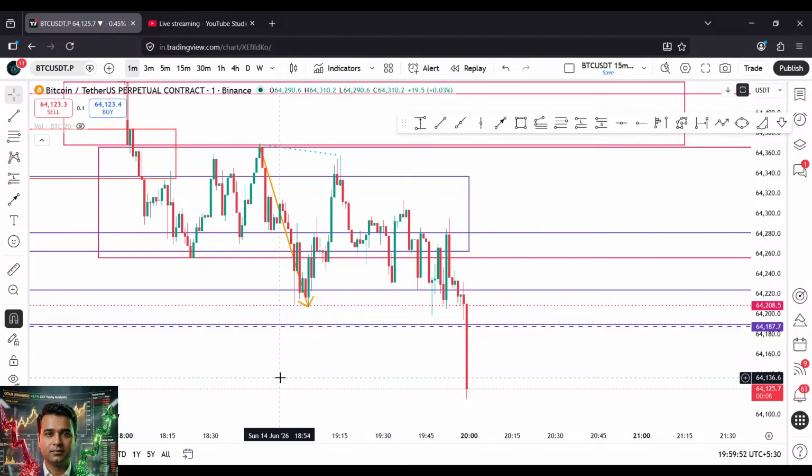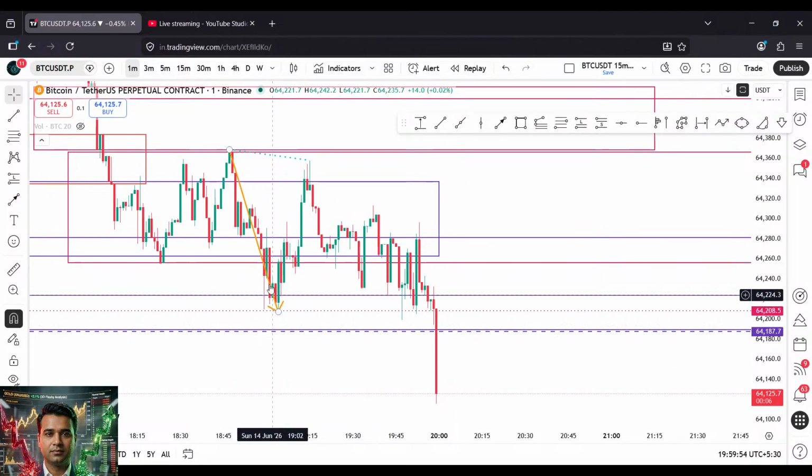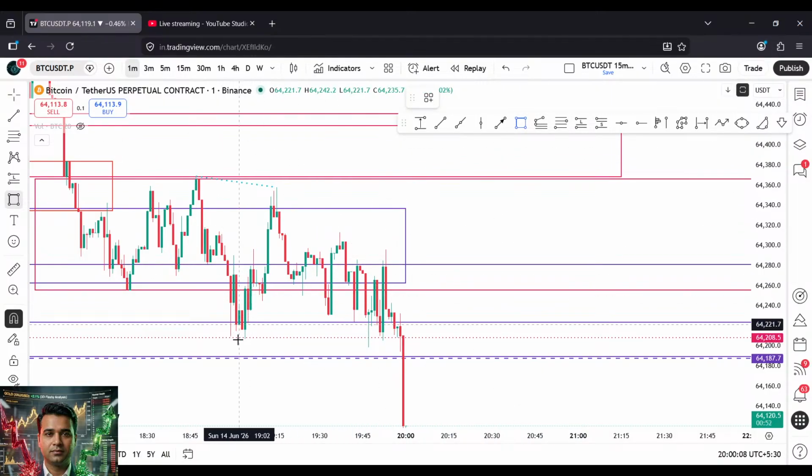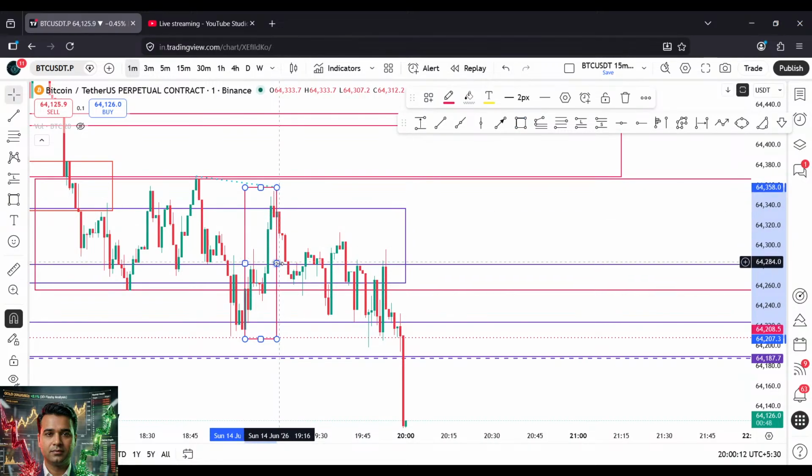So if you look at what will be its DP, where will be its DP? Its DP is here. First time it breaks down here and goes back. This is the DP.